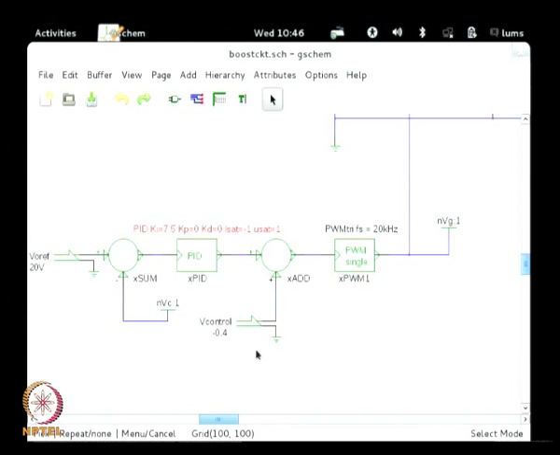You can actually put another calculation block here, sense the input voltage and the V naught ref, and 1 minus V in by V naught will give you the D, and the corresponding voltage at this point will give you the steady state D. These two are added, which will give D plus D hat, a voltage corresponding to that, go through the PWM and gives a pulsed output with the duty cycle of D plus D hat, which will be given to the gate of the boost converter power semiconductor switch.